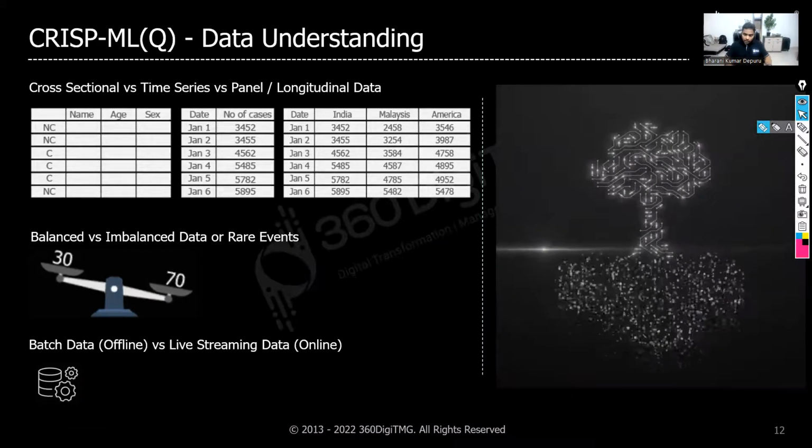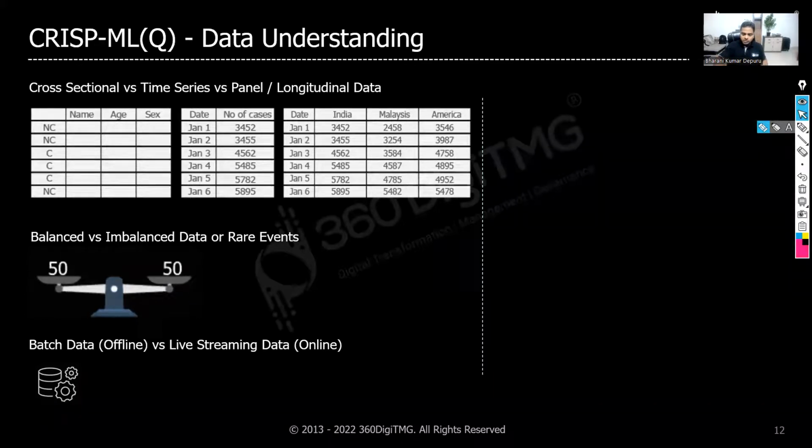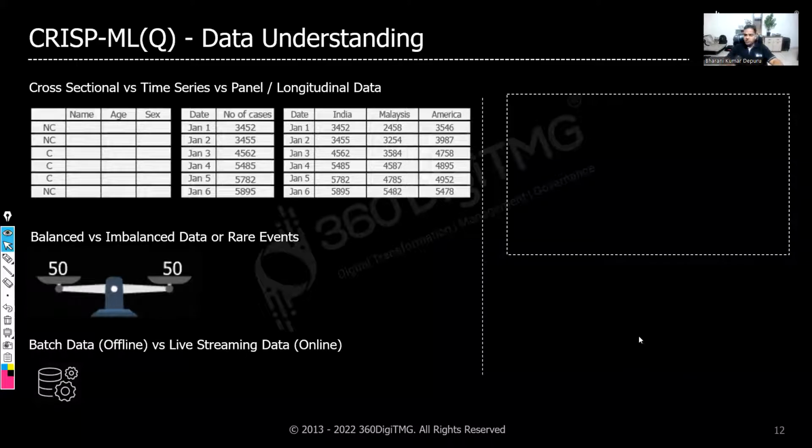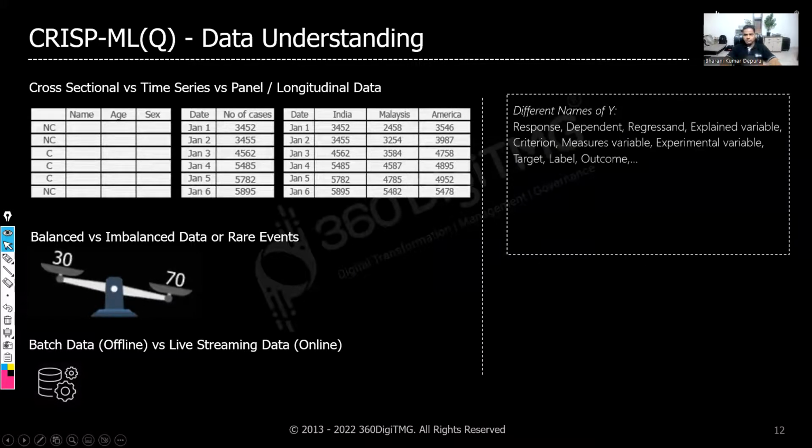So let's get into the discussion about the two data collection mechanisms, primary or secondary sources rather. But even before we proceed further, I request you all to bear in mind that when you look at any books or when you talk with the customers or when you appear for interviews, you might have different names for your output variable.